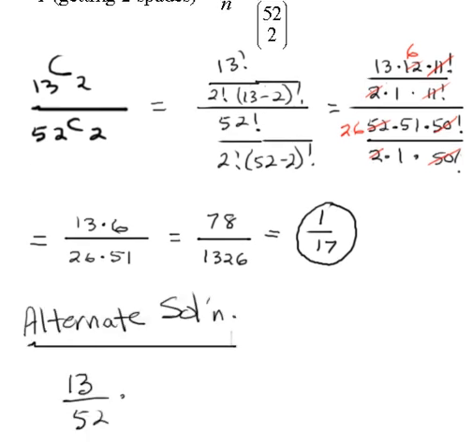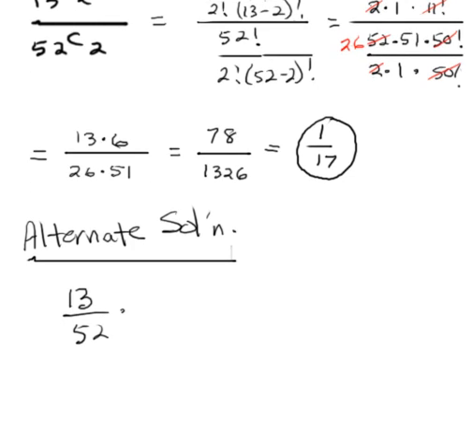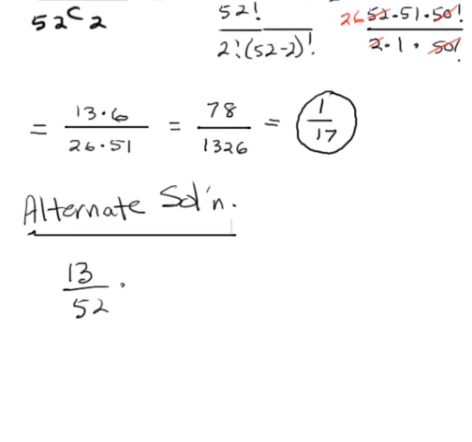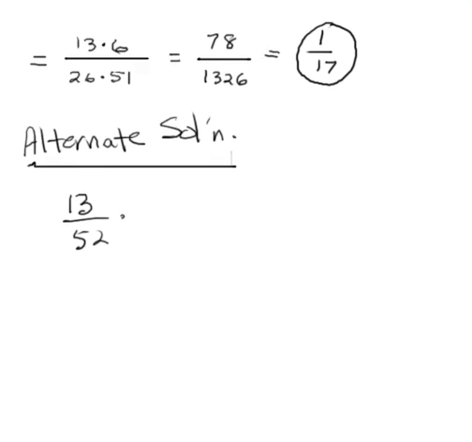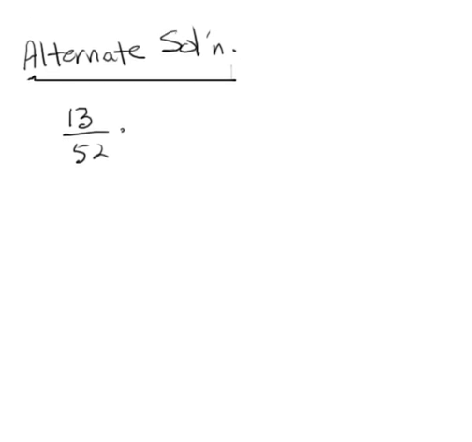All right, here's an alternate solution. And I'm going to lead up to this because I haven't really discussed it yet. It'll be in our next lesson. But some of you might think of it like this. There are 13 spades when we choose the first card. There are 52 cards.